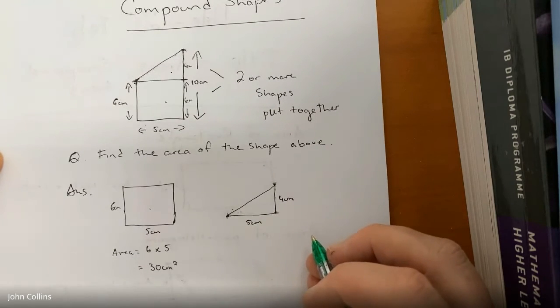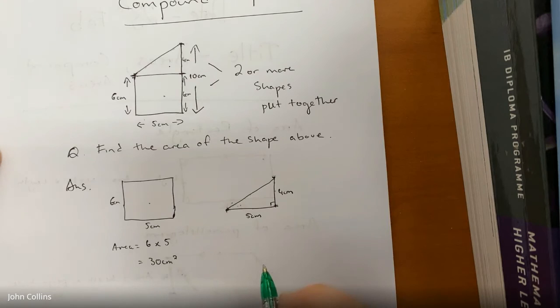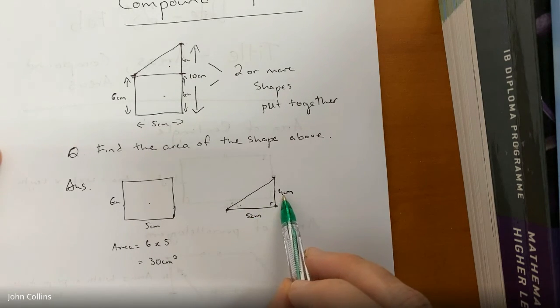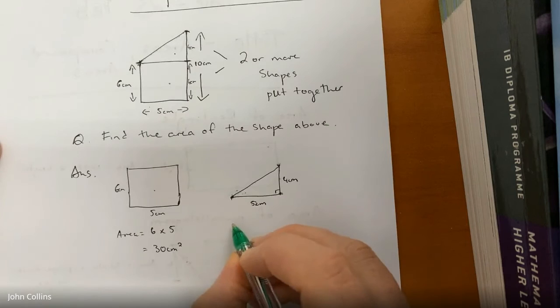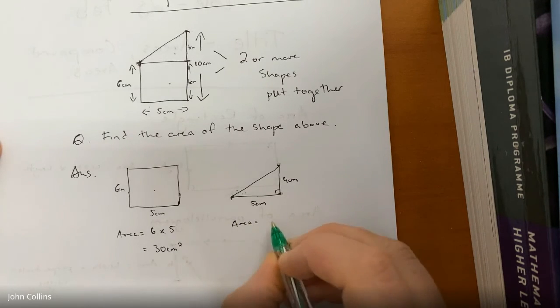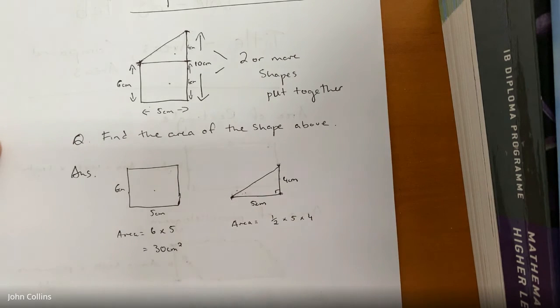Okay? And this is a right angle, so that's a straight up height. Okay? So 5 times 4 gives 20, but it's not a rectangle, so I have to half it. So the area of this triangle is a half multiplied by 5 multiplied by 4, the same as what we had on the other page.